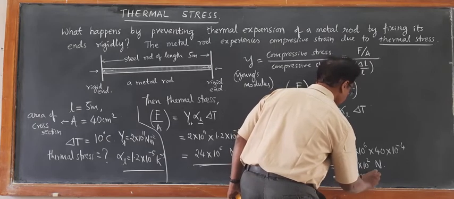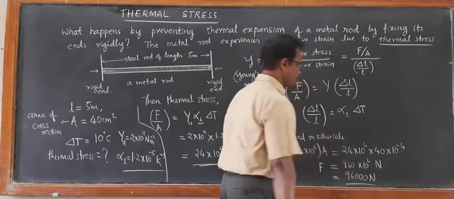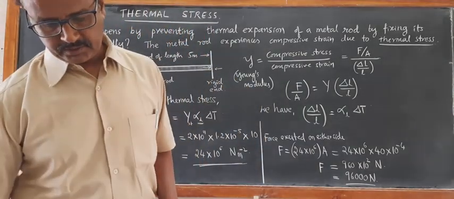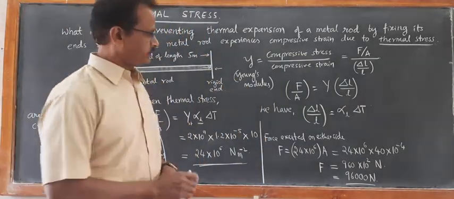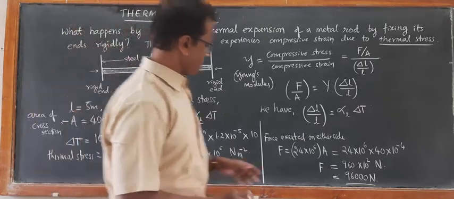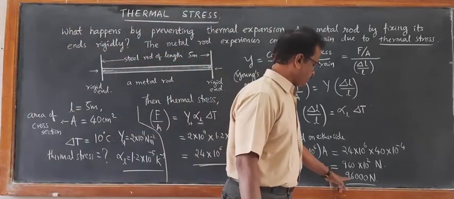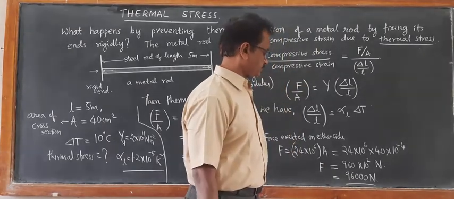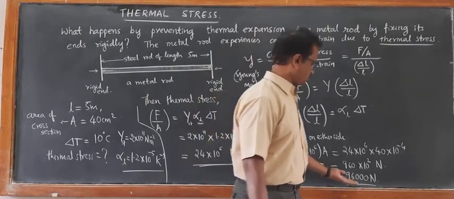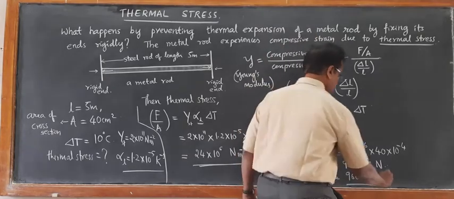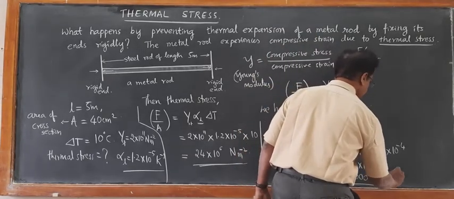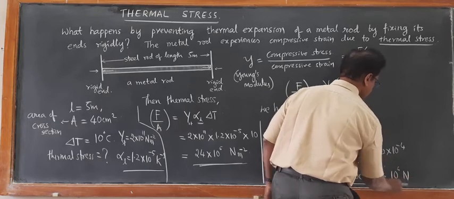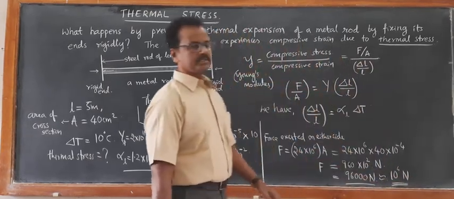If you round it off, taking 100,000, it is almost 10 raised to 6, approximately 10 raised to 6 Newton.